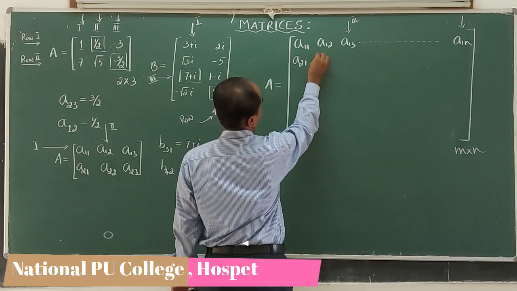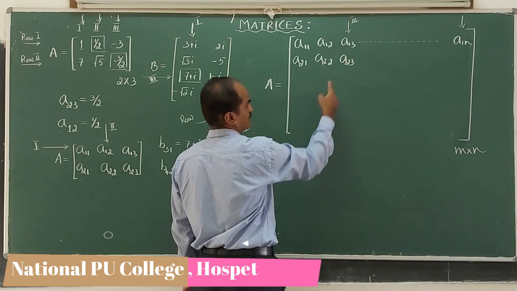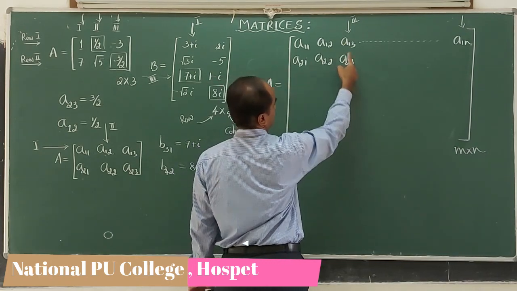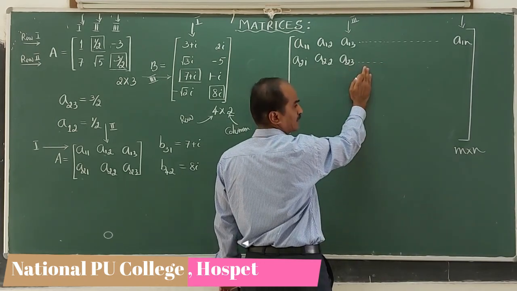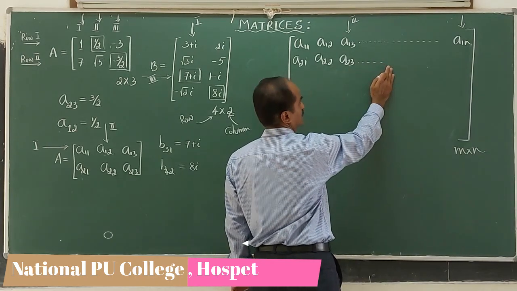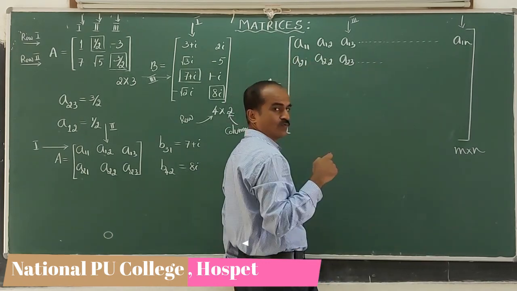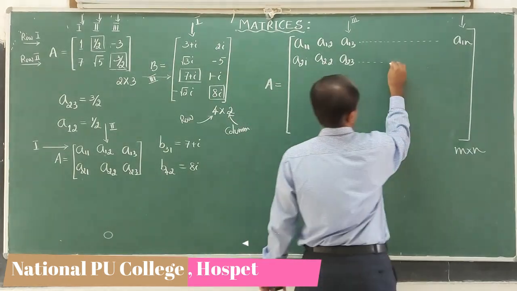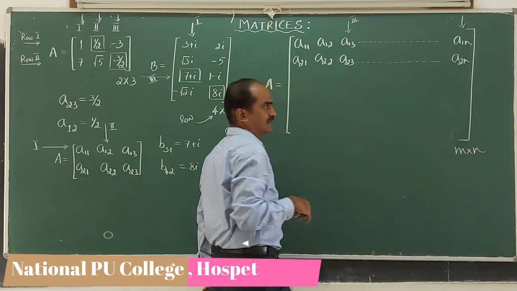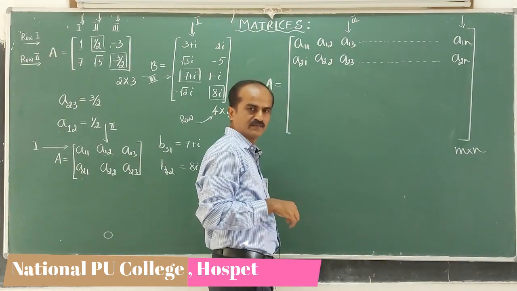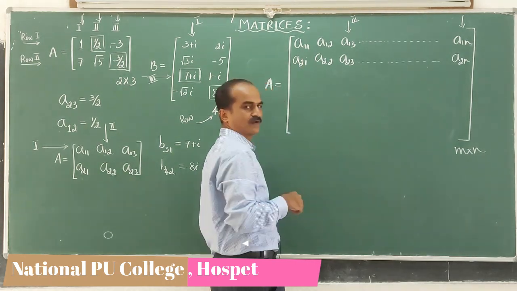A21, A22, A23. Element of the matrix present in second row, third column. Like this, if we continue, A24, A25. Look at the first suffix, they are all 2 because we are writing elements row wise, in particular second row elements. The last element in that row is A2n, element of the matrix present in second row, nth column, because it contains n number of columns.